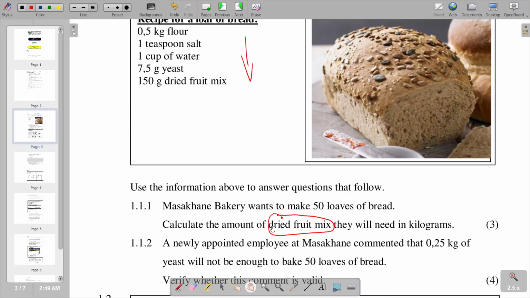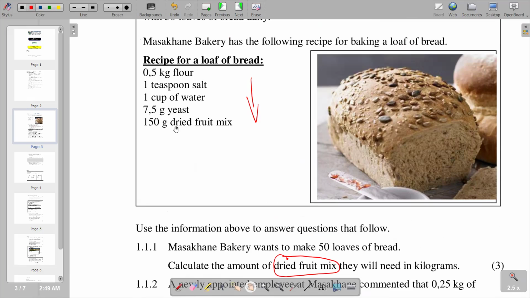If you look at the dried fruit mix, you would see that we are given it as 150 grams of fruit mix. So this represents one loaf. In the case of 50 loaves, we are saying 50 loaves times 150 grams to get the product. That is going to be our answer.